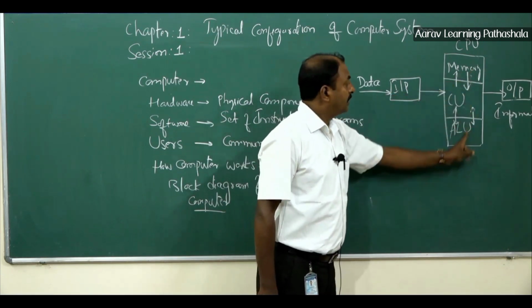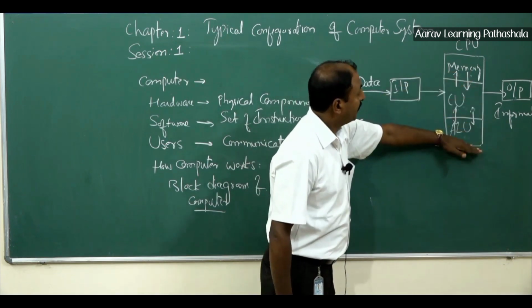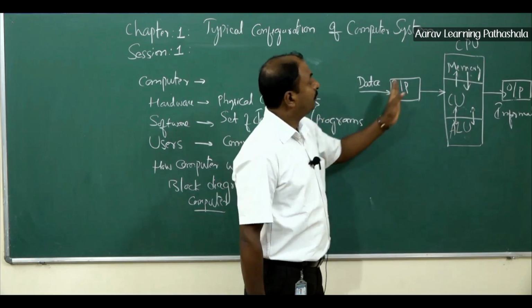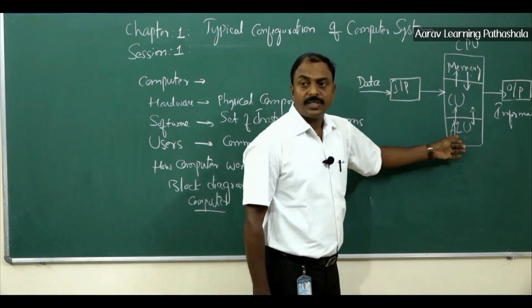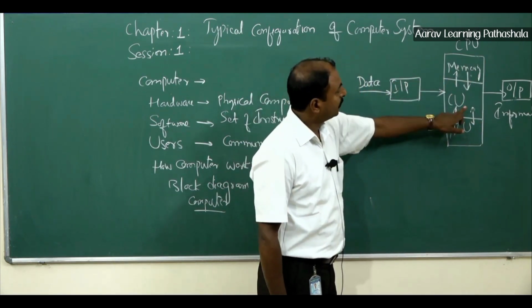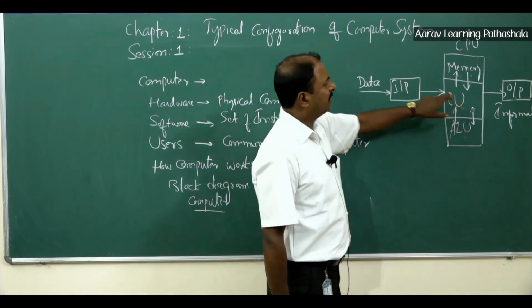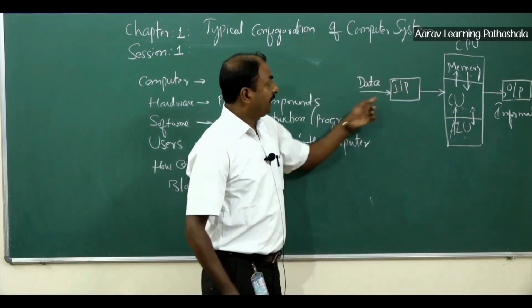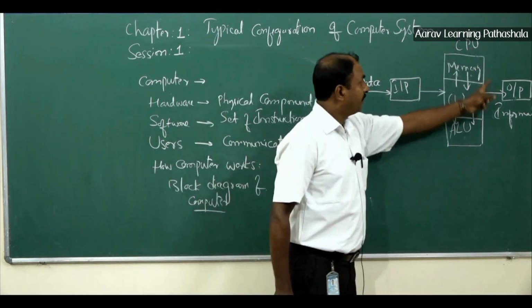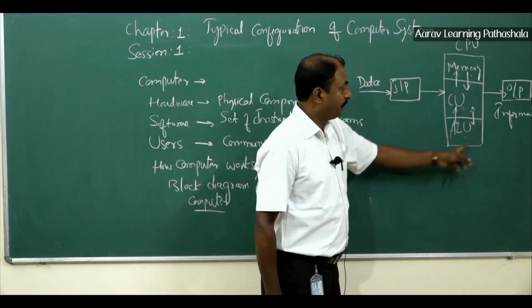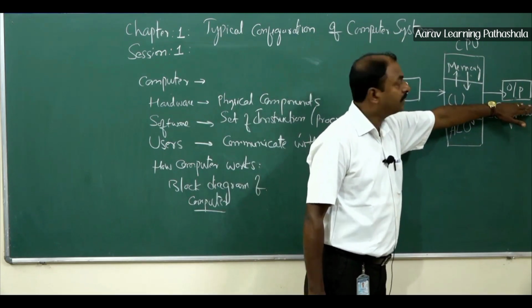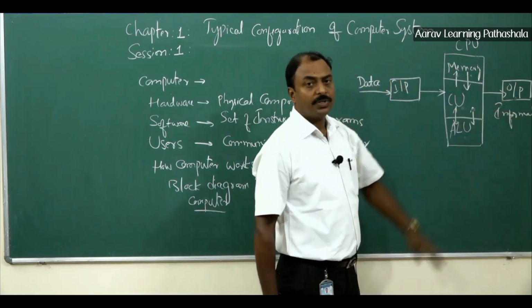All this transfer of data between different parts of the CPU or different parts of the computer is controlled by the control unit. So this is how computer works. It takes the data, everything is processed inside the CPU, and the result can be seen or displayed on the monitor or output device.